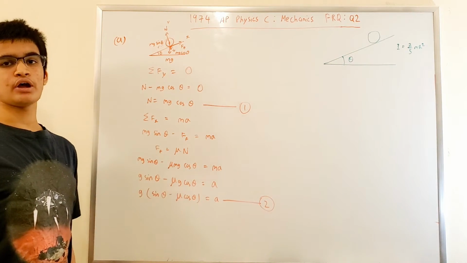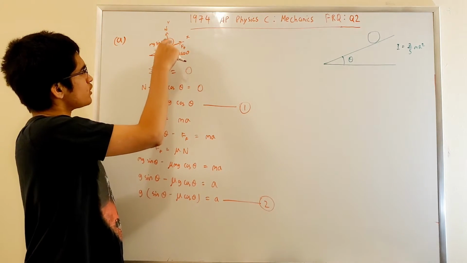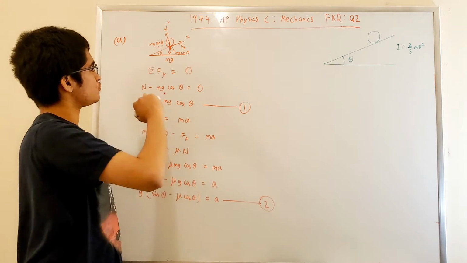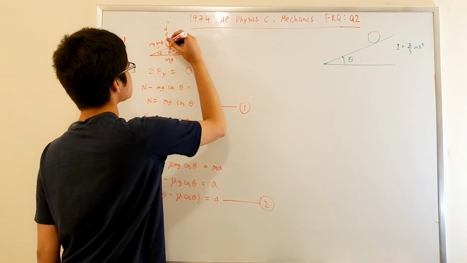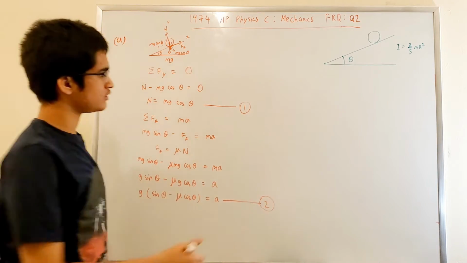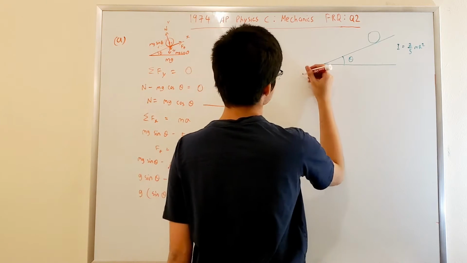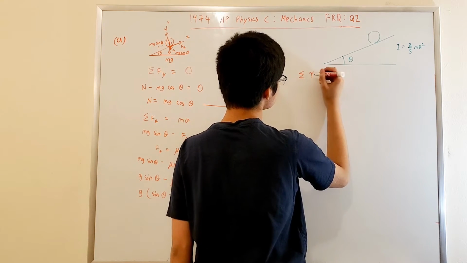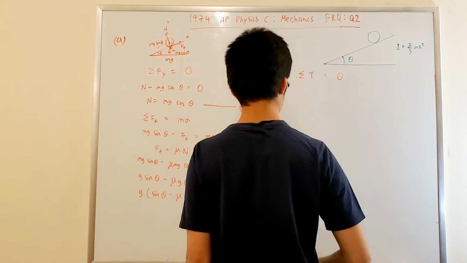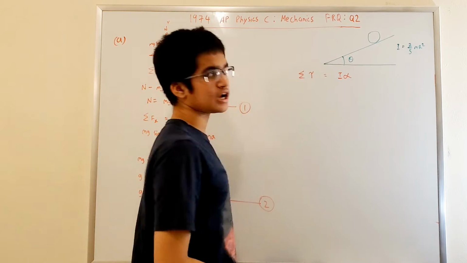Now let's take a look at our rotational aspects. The only force that is applying a torque on our sphere is going to be the frictional force. If we assume that the radius of our sphere is r, we know from the rotational equivalent of Newton's second law that the sum of all torques will be equal to the moment of inertia times the angular acceleration.